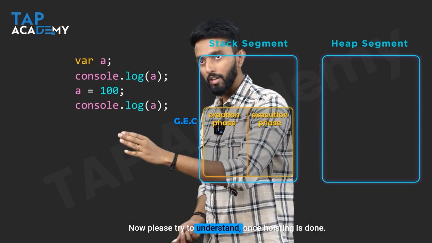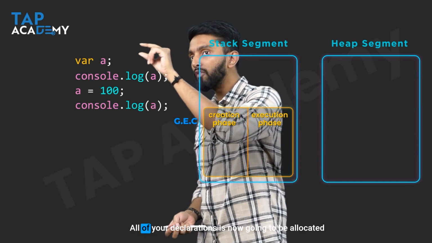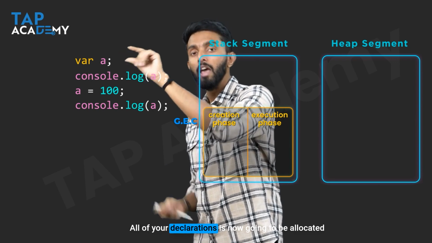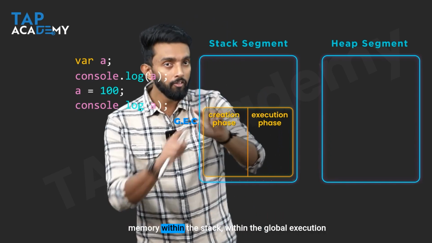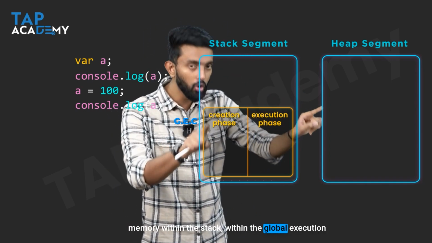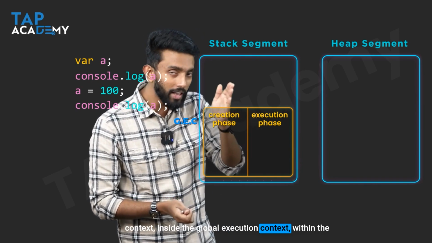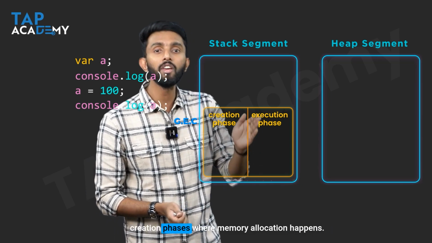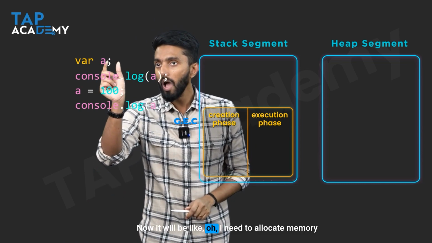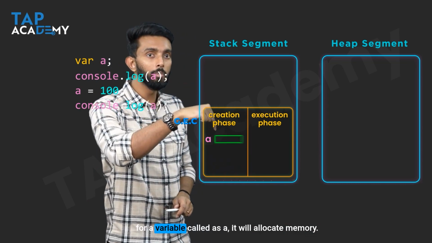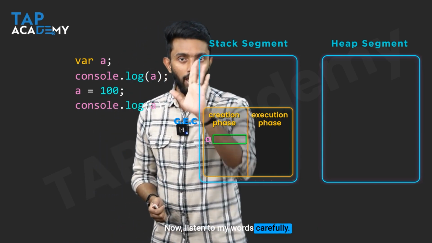Now, please try to understand, once hoisting is done, all of your declarations are going to be allocated memory within the stack, within the global execution context, inside the creation phase where memory allocation happens. It will be like, I need to allocate memory for a variable called A. Listen carefully.